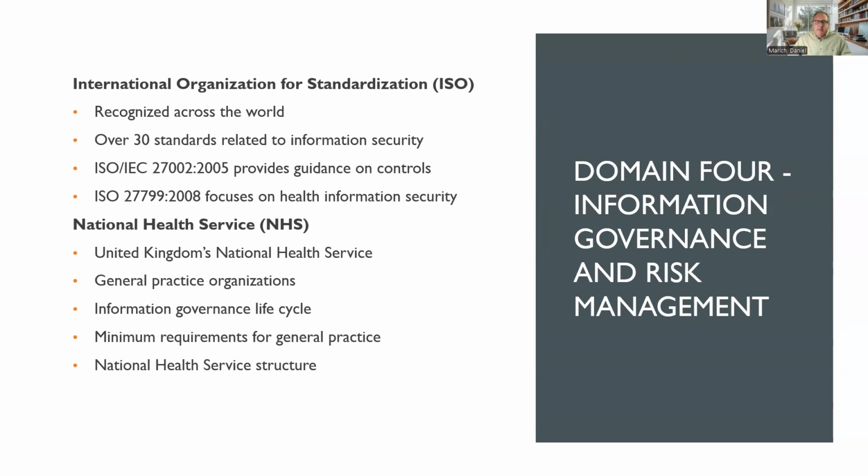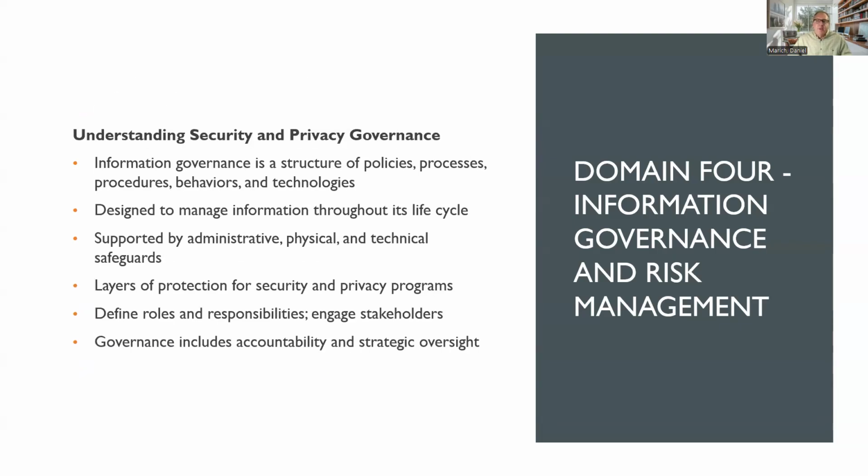NHS is the United Kingdom's, and so that concept is introduced there, along with their information governance life cycle and some minimum requirements. Be familiar just with the jurisdiction, right? If you're dealing with something in England, then it's NHS, right? If you're dealing with something in Canada, then it's probably dealing with GAAP.